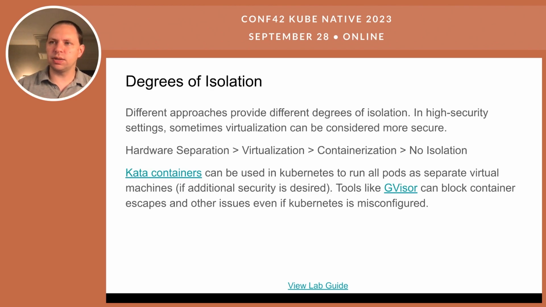So we have degrees of isolation. On the one extreme, we have racking a physical server for each client application. And then on the other hand, we have running applications with no isolation. Virtualization is considered less segregated than hardware separation. There have been vulnerabilities in hypervisors where people could break out of one VM and see the other. It's very rare. Containerization is not quite as much isolation as virtualization.